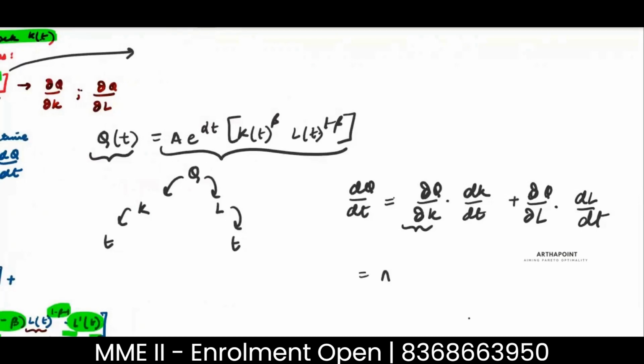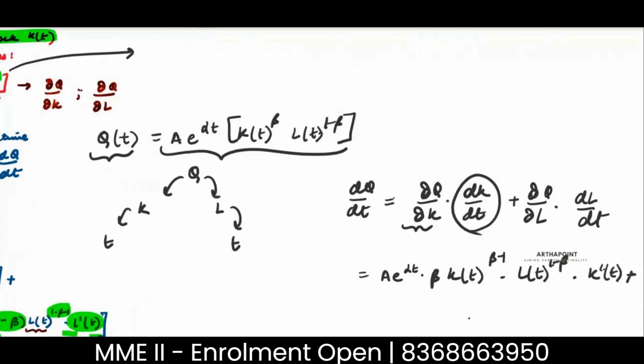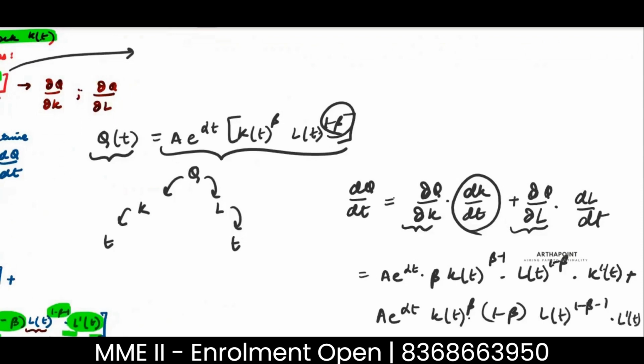So this part is A e to the power alpha t, beta comes down, Kt to the power beta minus 1, Lt to the power 1 minus beta, into dK by dt, whose short form is written as K dash t, plus. Then you have to differentiate with respect to labor. So A e to the power alpha t, Kt to the power beta, power of this comes down, Lt to the power 1 minus beta minus 1 into L dash t.